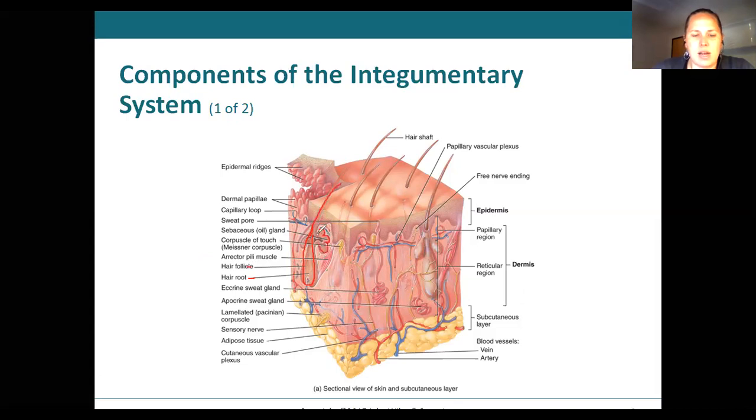Here you can see the sebaceous oil gland that's giving rise to that hair root. If you've ever had an infected hair root, maybe it could be a blocked sebaceous gland that's leading to that. An infected hair root is going to look essentially like a pimple. So again, I like coming back to this figure because it does show you the different regions.